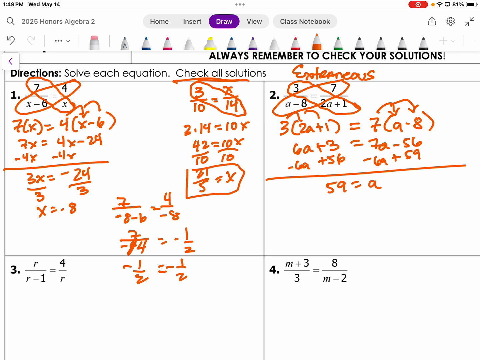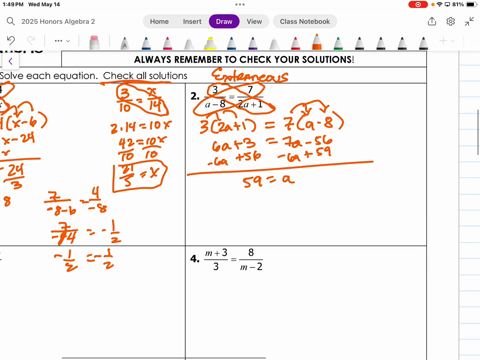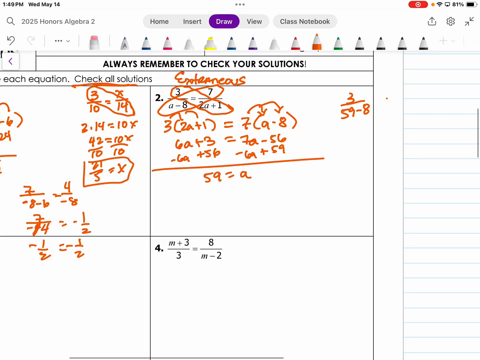And again, I'm supposed to check to make sure that it works out. So 3 over 59 minus 8, is that equal to 7 over 2 times 59 plus 1? All right, that's ugly, but let's see, that'd be 3 over 51. That becomes 1/17.